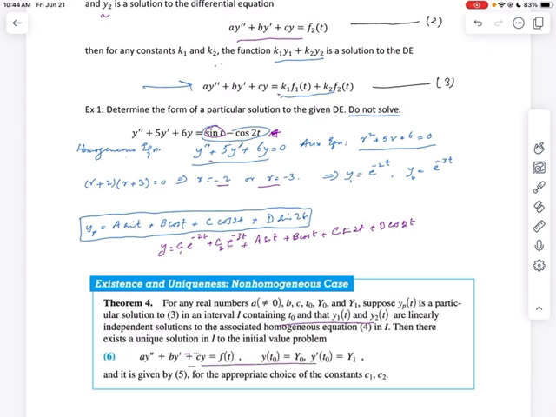It's given by the equation; you can check in the book what the equation is. Basically it is saying that y will be equal to yp plus yh, where yh is c1 y1 plus c2 y2.